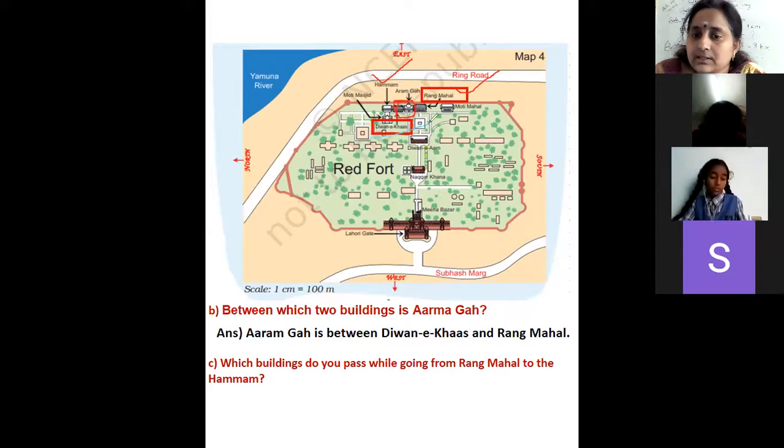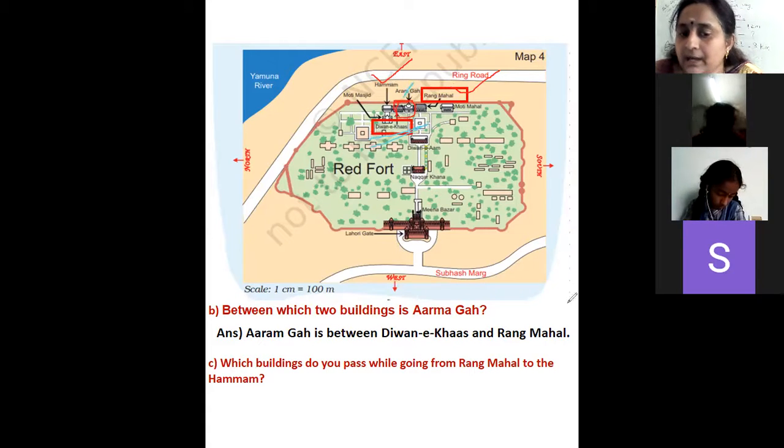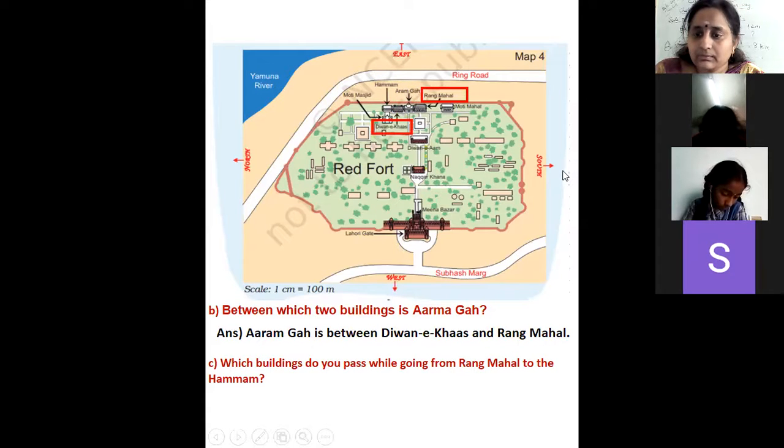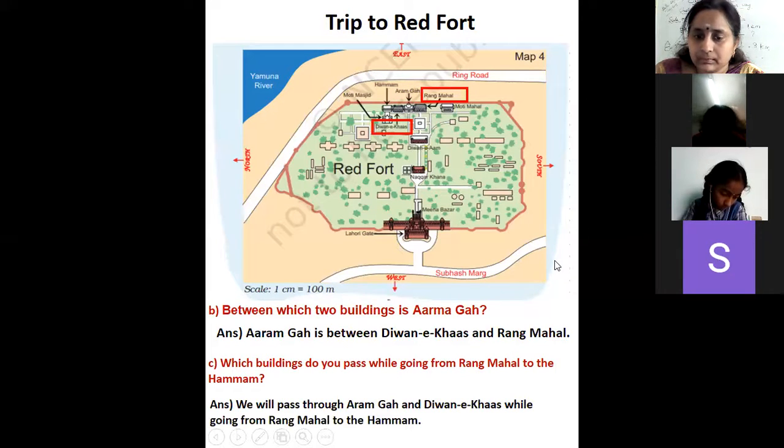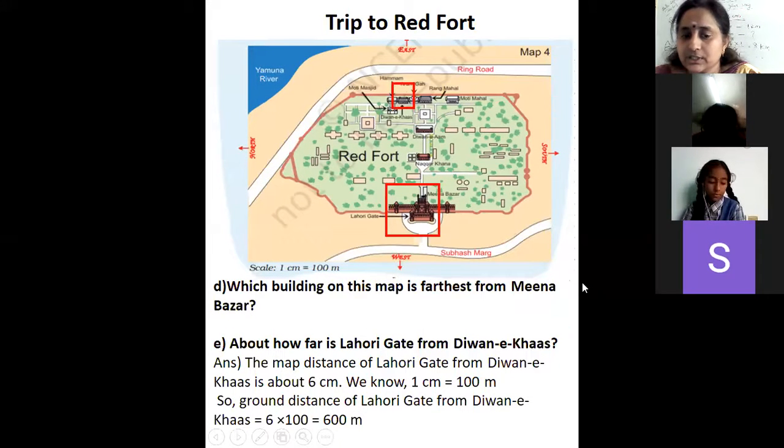See here, these 2 buildings are in between Rag Mahal and Hammam. So we will pass through Armagah and Diwani Khas while going from Rag Mahal to Hammam.